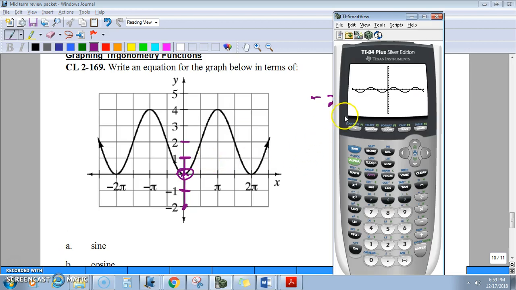So we're going to need to shift it to the right, which means we're going to subtract. And if memory serves, if we shift it pi over 2 to the right, that should do it. Let's check. Pi divided by 2. Okay, let's see. 1/4 of a circle. Yeah, we just shifted it 1/4 of a circle.